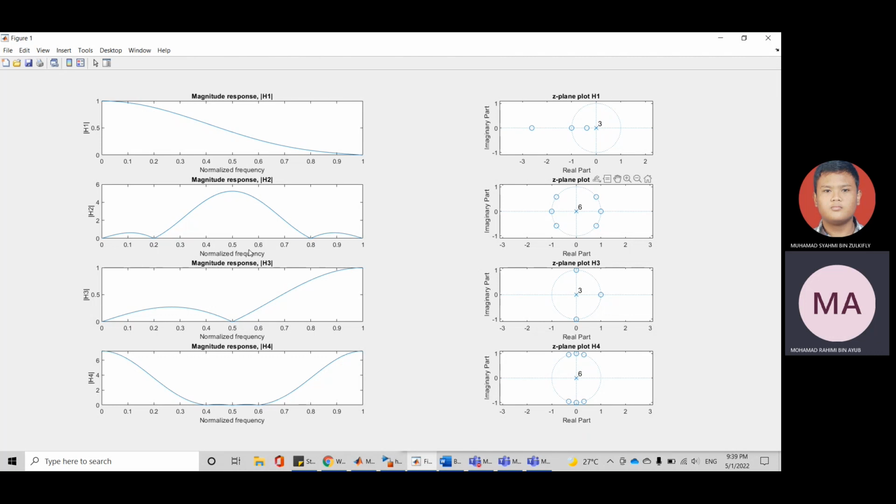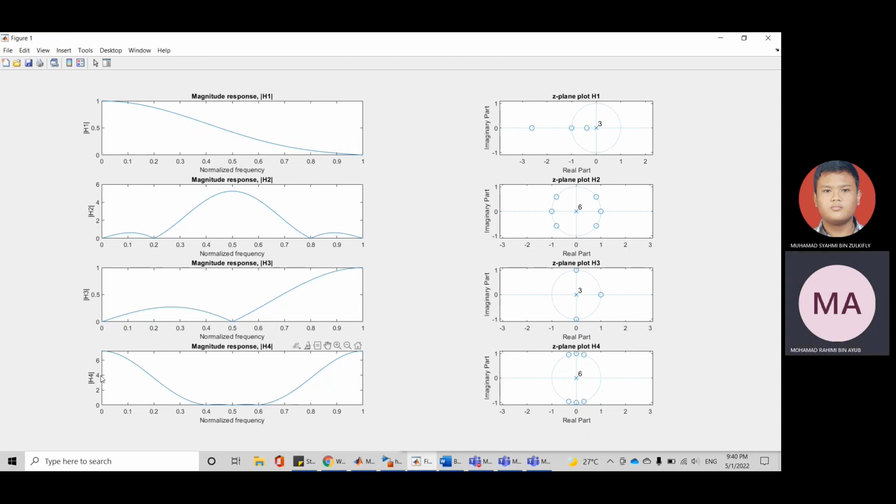So we can see it is stable. For the Z plane also, there are 3 on the left and 3 on the right. For H3, we can see the magnitude response graph like this. For the Z plane also, we can see one at the center and one at the right.